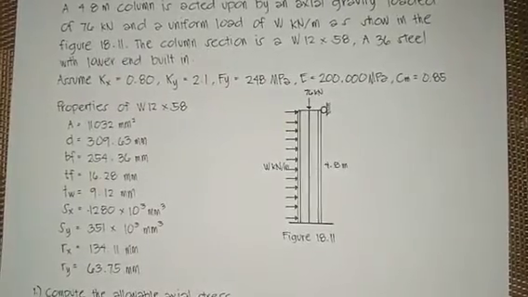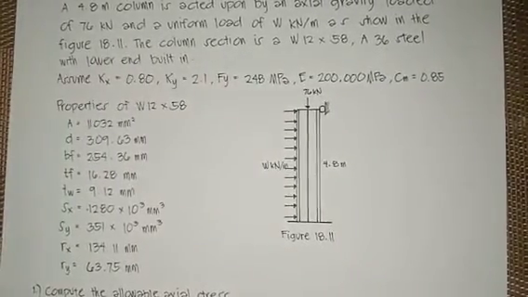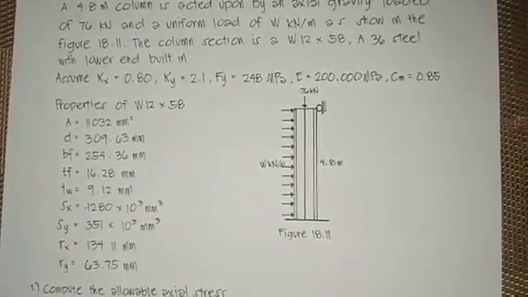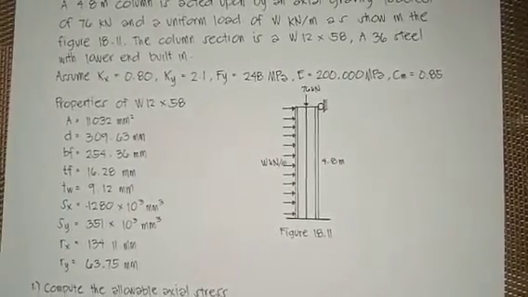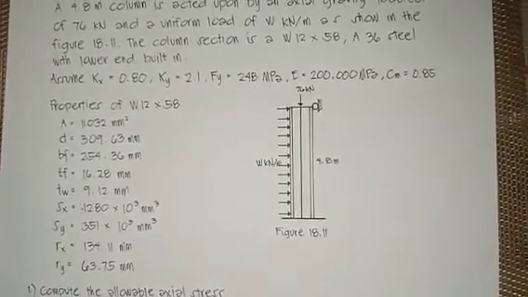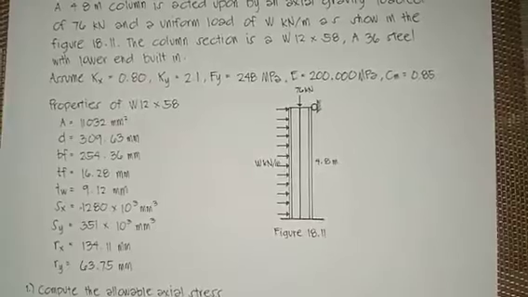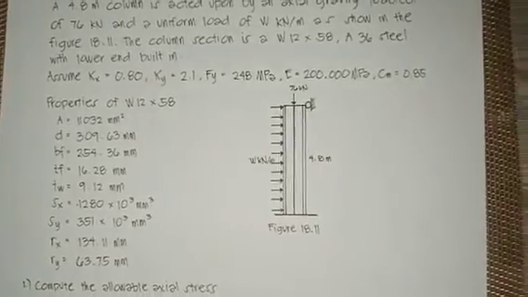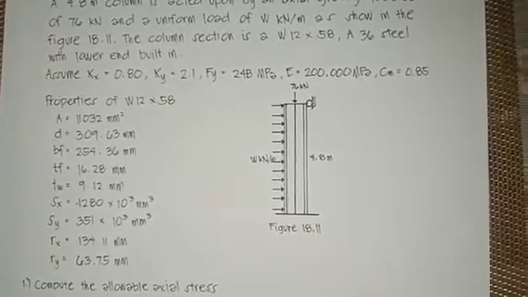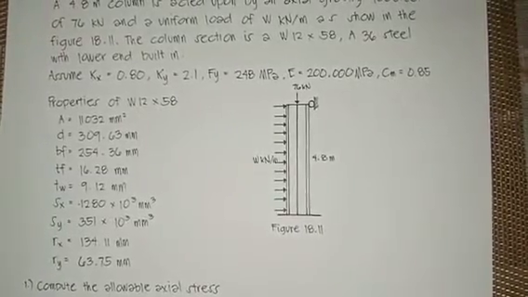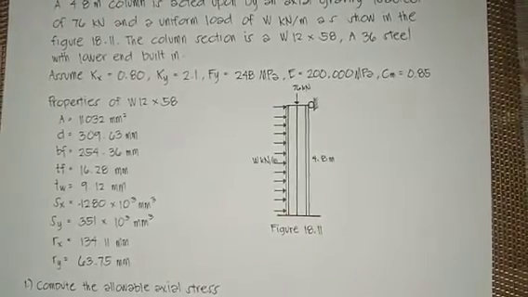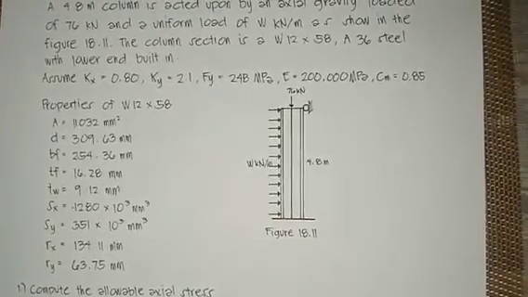Sx is equal to 1,280 times 10 to the power of 3 cubic millimeters. Sy is equal to 351 times 10 to the power of 3 cubic millimeters. Rx is equal to 134.11 millimeters. Ry is equal to 63.75 millimeters.